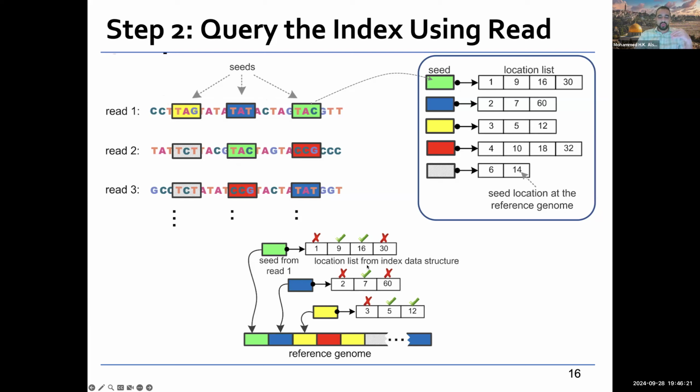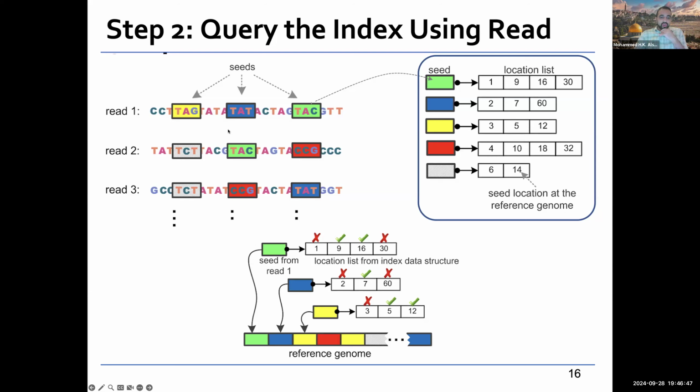So when we sort the locations, we see that we have 5 as a location for the yellow seed, and then we have a 7, and a 9. It means that all those seeds are respecting the order that we have in the read, which makes this particular subsequence in the reference genome somehow similar to the read sequence we have.